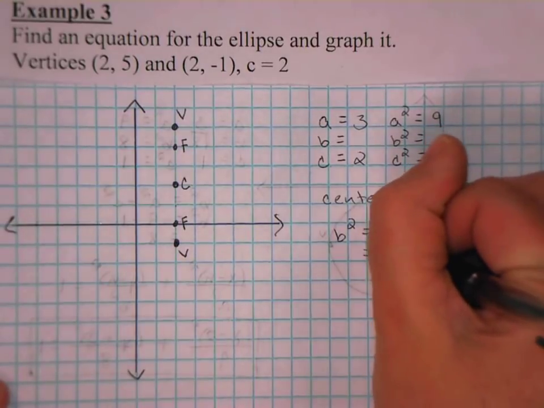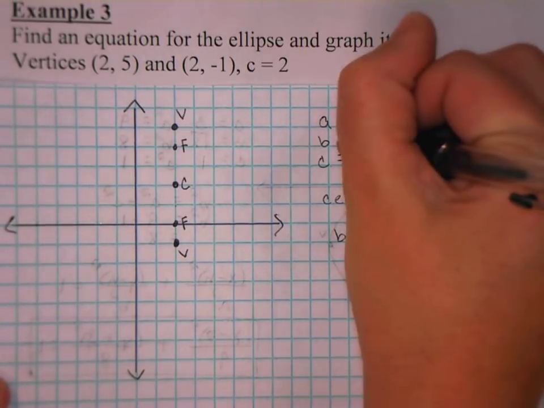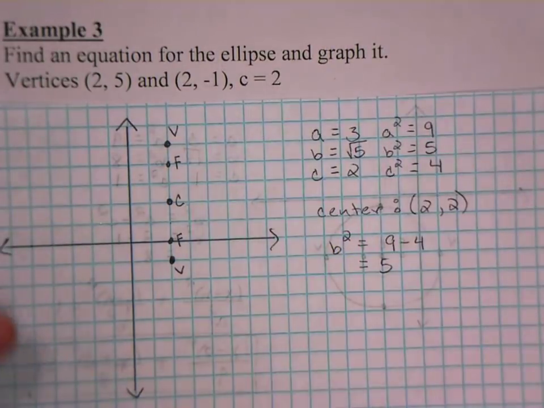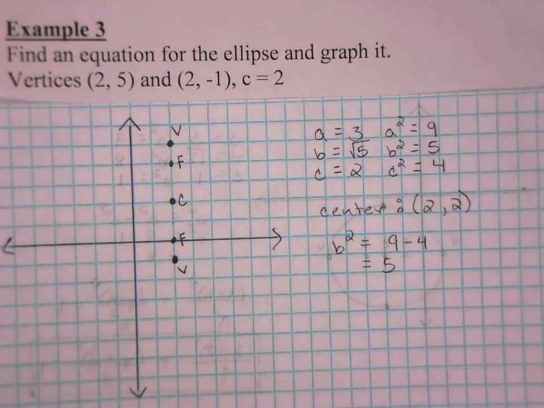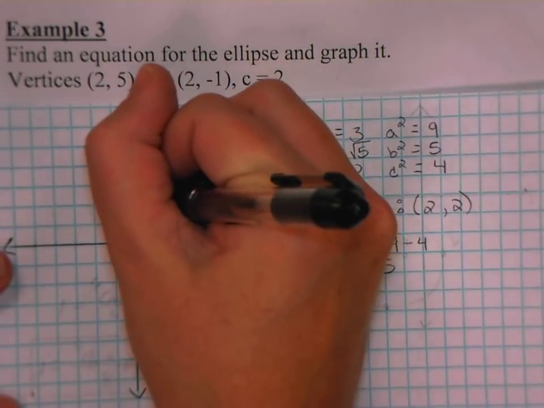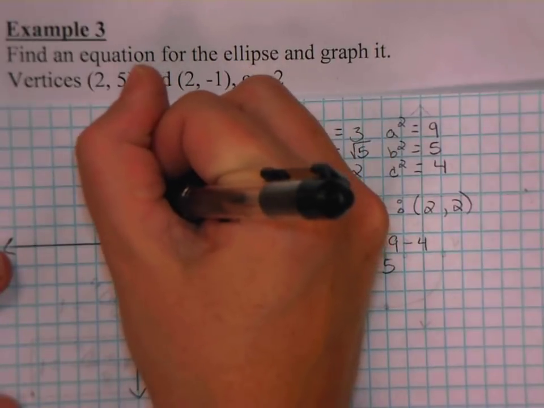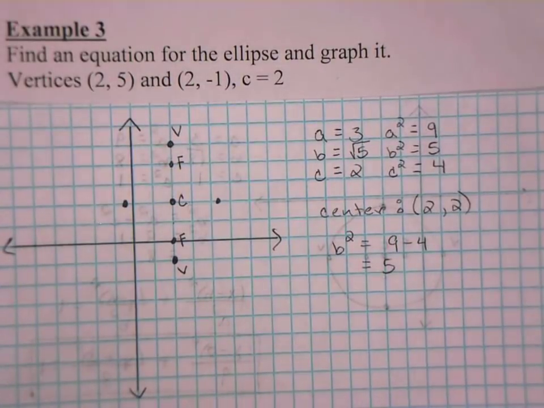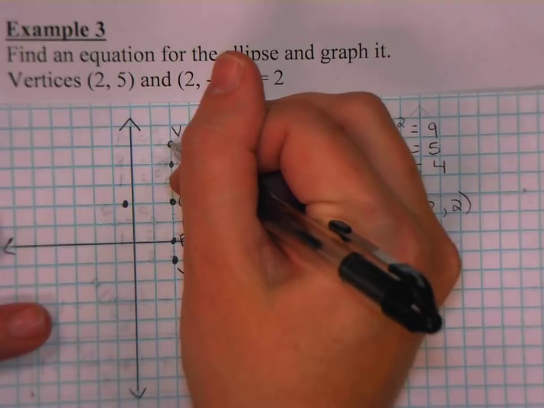So b squared is 5, and b would be the square root of 5. Square root of 5 would be, let's see, square root of 4 is 2, so it's going to have to be a little bit larger than that. And that would be enough to draw in my graph.